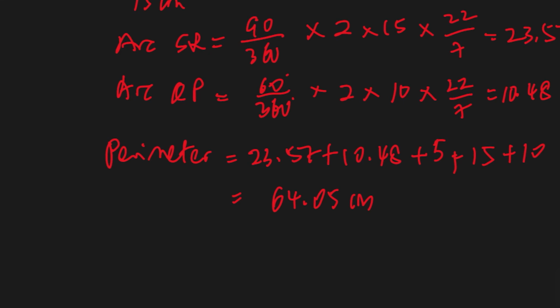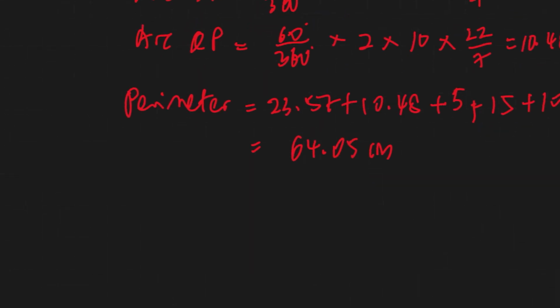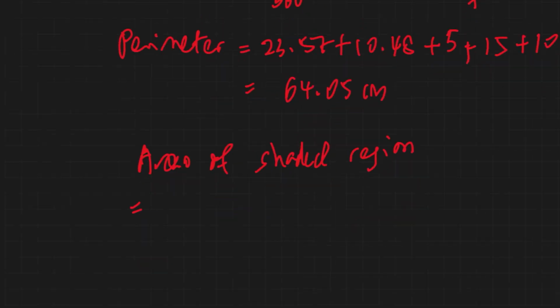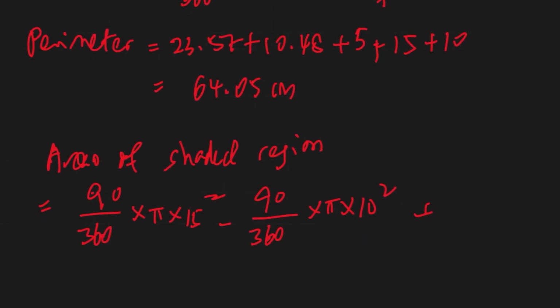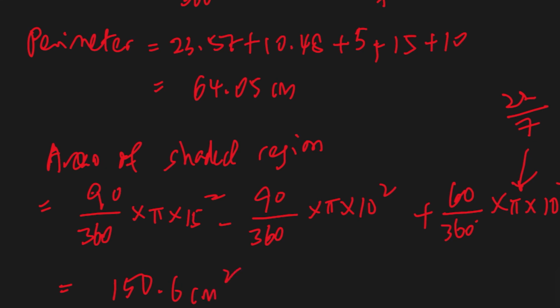So therefore the area of the shaded region is, I'm going to take the sector and minus this small one, which is the one that I put across earlier, and I add the smaller sector. And don't forget, for all the pi we'll be using 22 over 7. Okay, and just hit all of them in the calculator, and this is what you have.